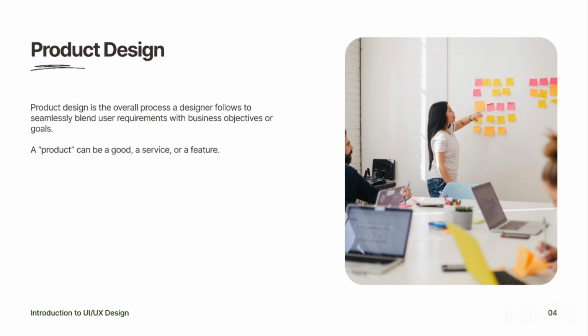On the other side of the table, we're talking about the business objectives too. Probably the business wants to get more eyes on the product or wants to make more sales, all those things. The goal of product design is to blend these two requirements together, satisfy the business need and also satisfy the user's need. So both parties are happy.